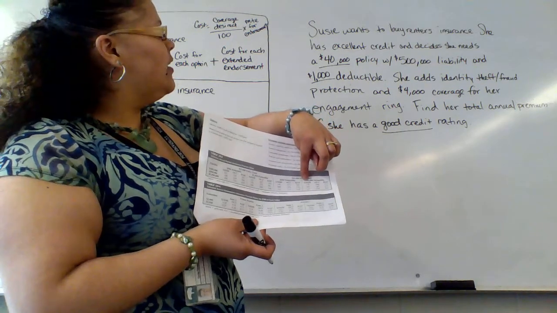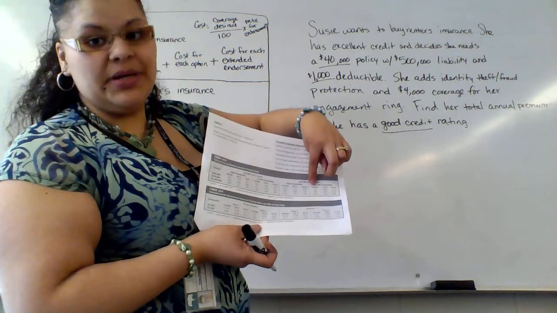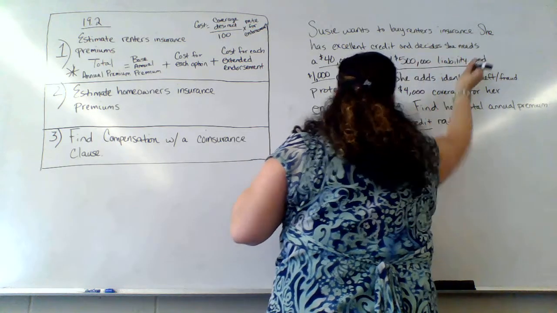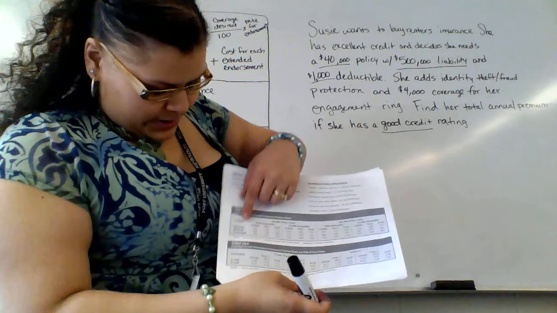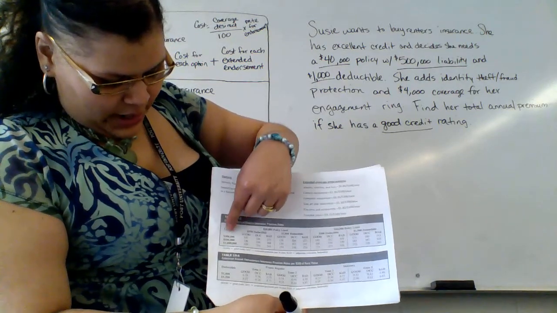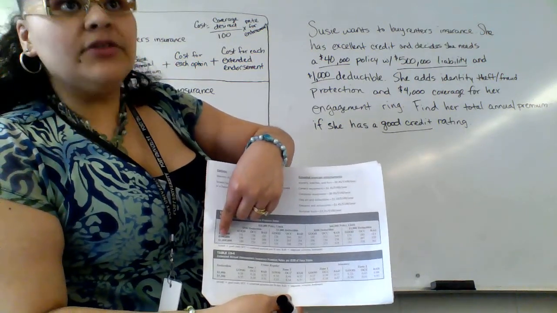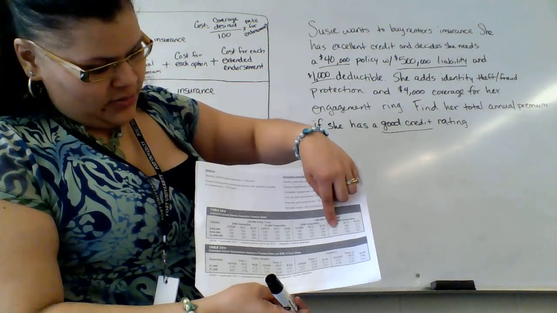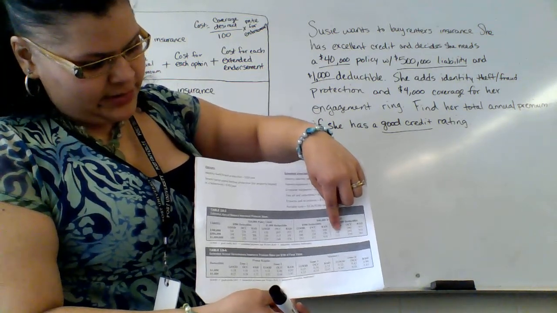So we know she'll be under good in the chart. Then from there, now we have to worry about what her liability is. They said in the problem that she had a $500,000 liability, which is the second one down. So you go to the 40,000 good column and you go to the number in the middle because 500,000 is in the middle.